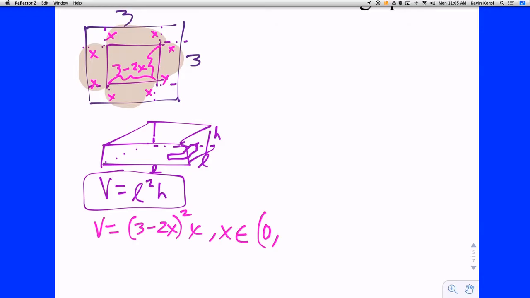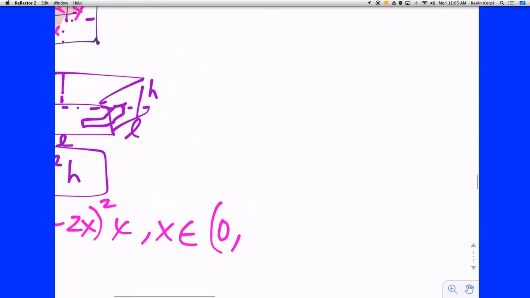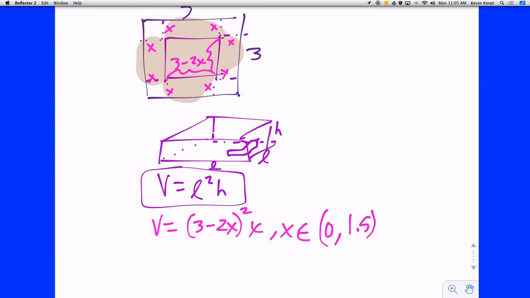And what would be the absolute most I could cut from each side of a 3x3? Yeah, 1.5 or 3 halves? Because I'm cutting it from both sides. Now, what's going to happen to my material if I cut 1.5 from both sides of 3? It's gone. I've obliterated it. I've made basically 4 squares out of the whole thing, and there's nothing to fold up. Yes?